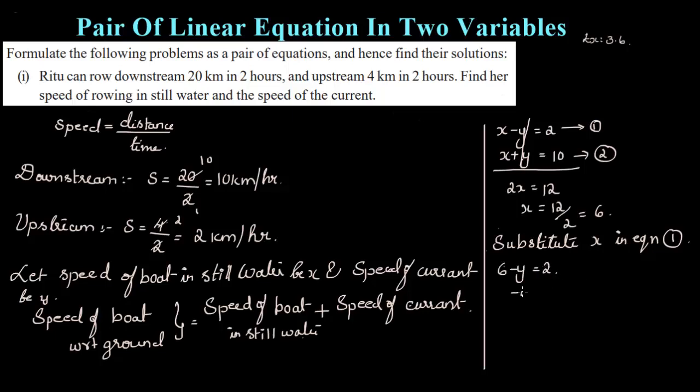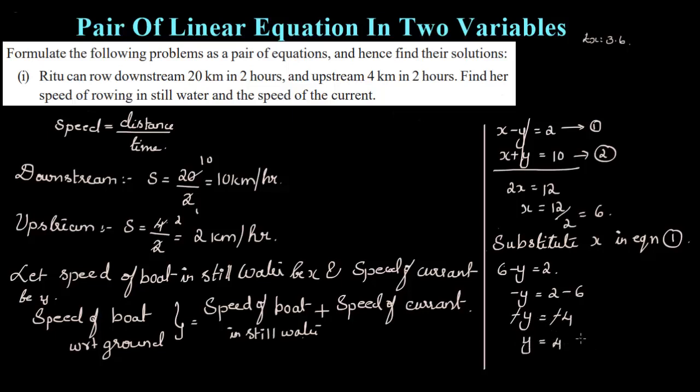Then you will be having minus y is equals to 2, and this plus 6, after shifting this side minus 6 it will become, then minus y will be equals to 2 minus 6 is nothing but minus 4. You will be writing the bigger number sign, so it is negative, so it will get cancelled, minus and minus. You have y is equals to 4.